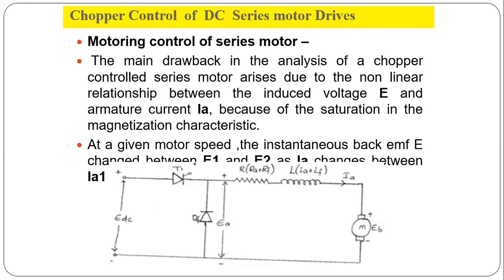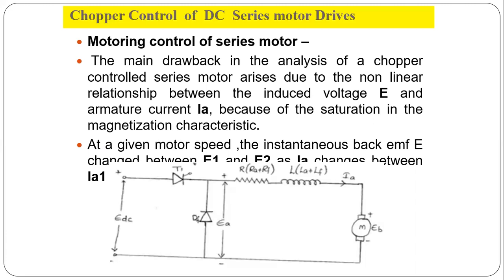The main drawback in the analysis of chopper control of series motor arises due to the non-linear relationship between induced voltage E and armature current I_A because of the saturation in the magnetization characteristic. This is one of the big disadvantages of the series motor.